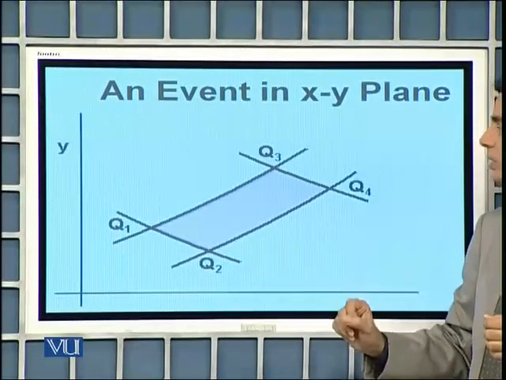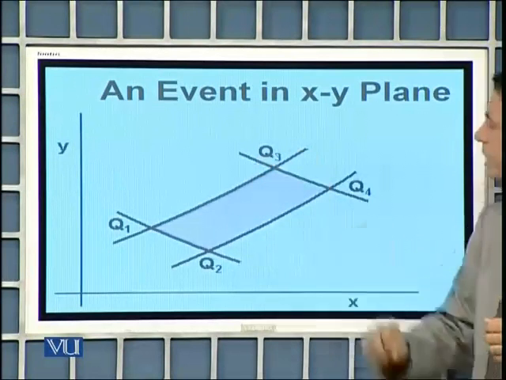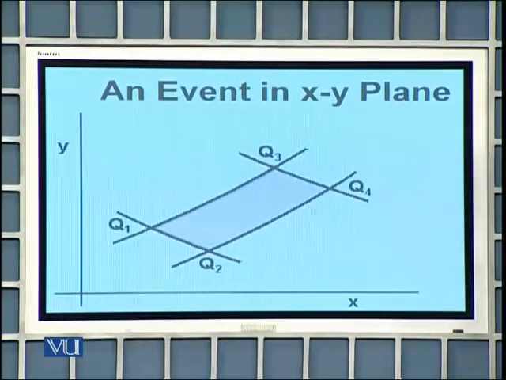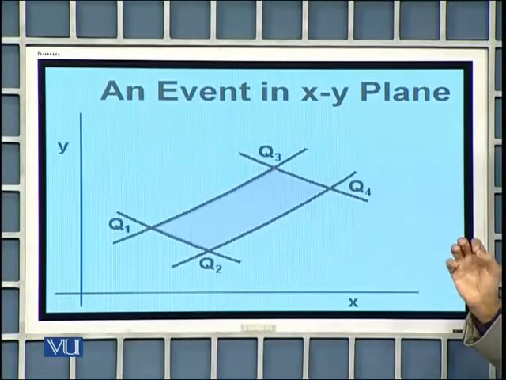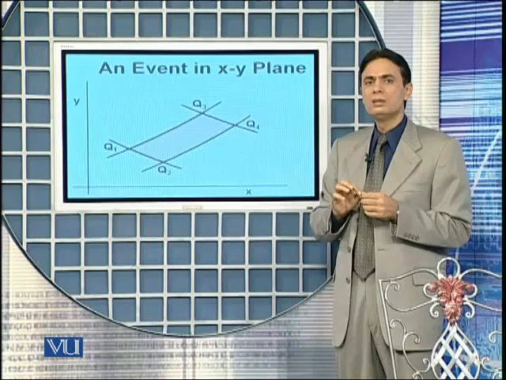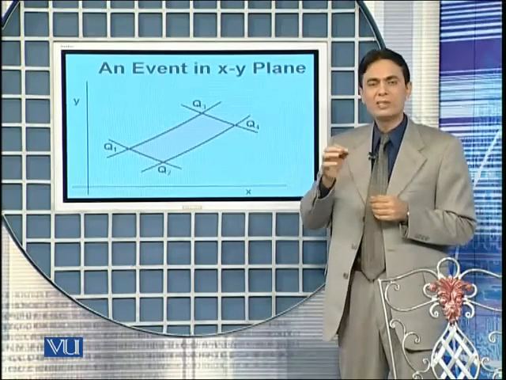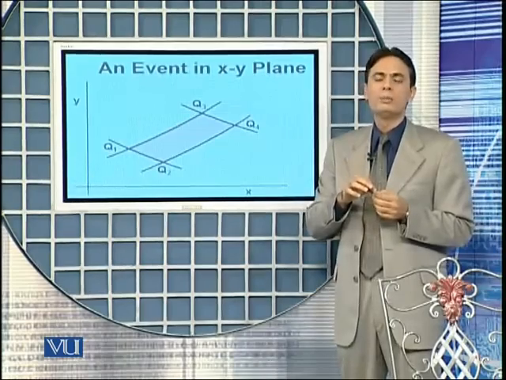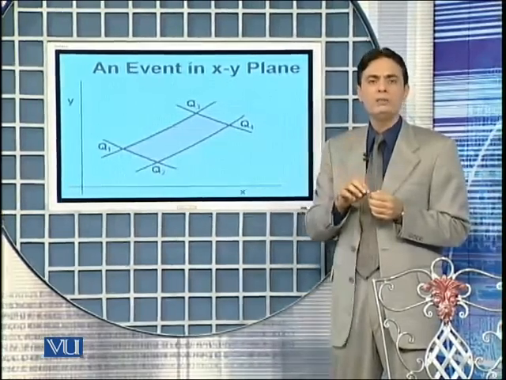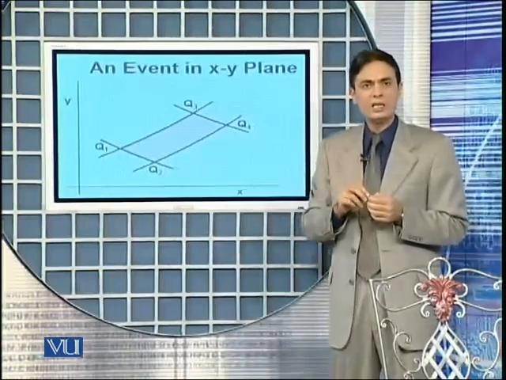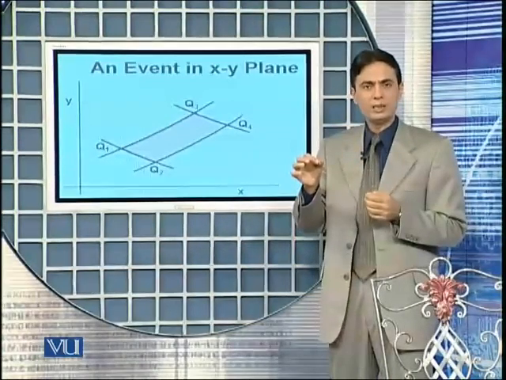Similarly, the coordinates of point Q3 will be obtained by noting that point P3 was obtained from point P1 by addition of dv. So only v changed when we moved from P1 to P3.